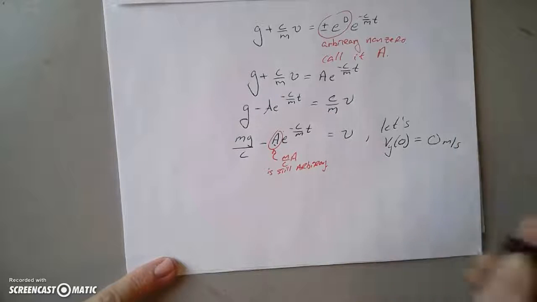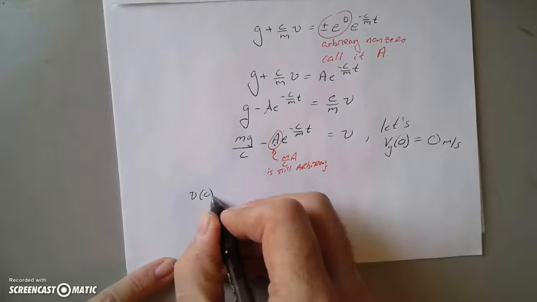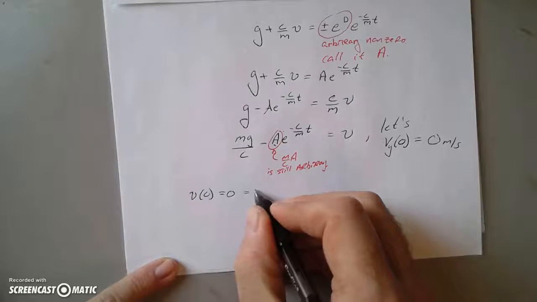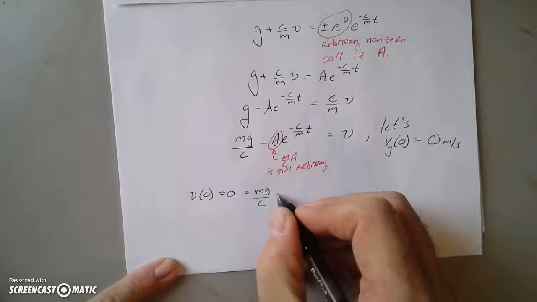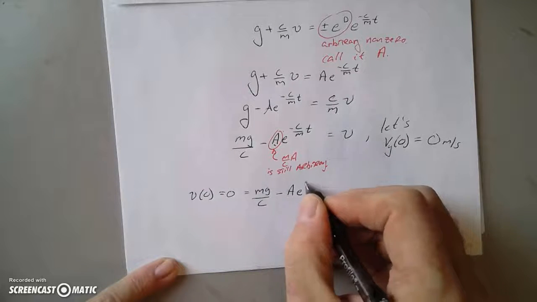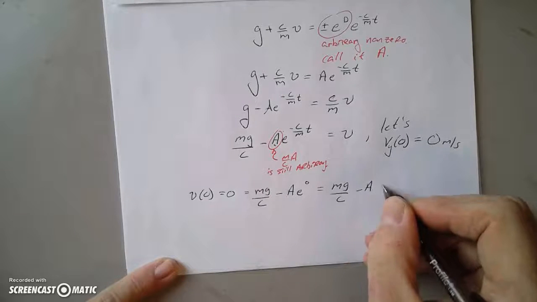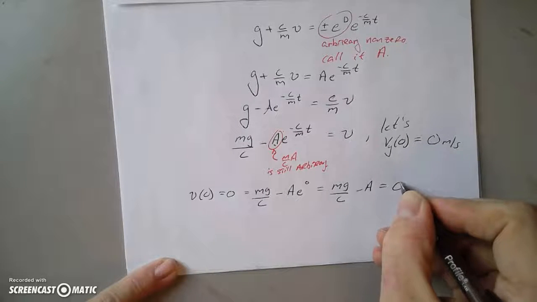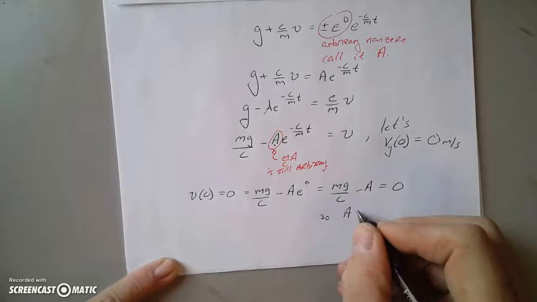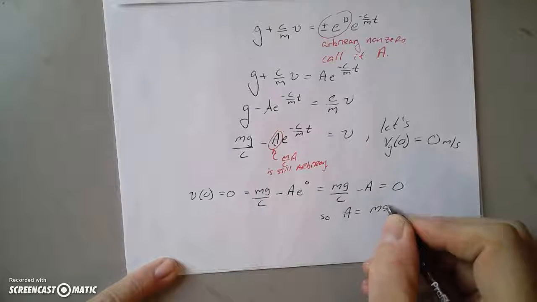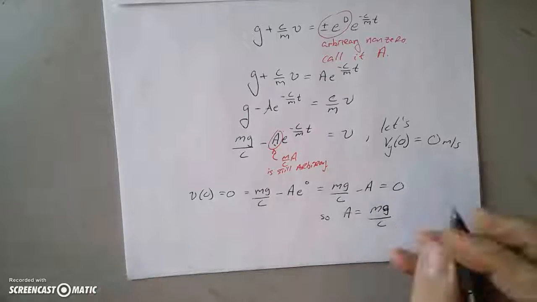So let's use that. So v of 0 is 0 equals mg over c minus a e to the 0, which is mg over c minus a equals 0. So a equals mg over c.